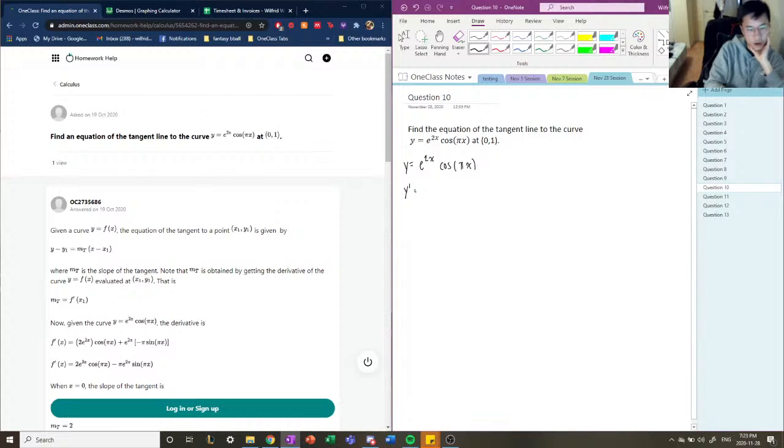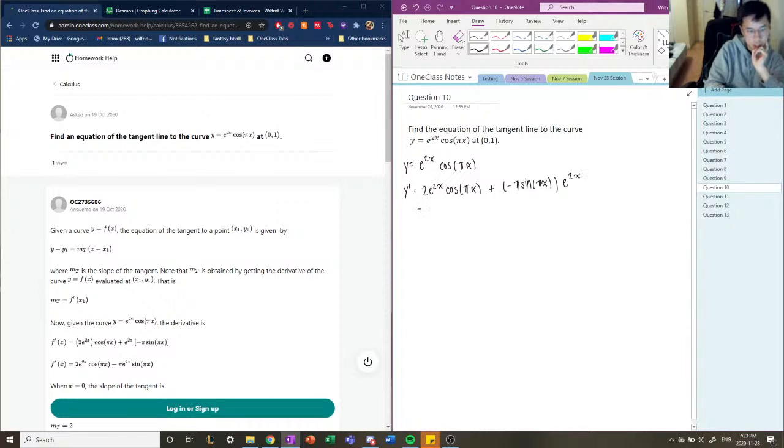So the derivative of e to the power of 2x is just 2 times e to the 2x times cos pi x. And since it's a product rule, we'll have to derive this and leave this one alone. So the derivative of cos pi x is a chain rule, so it's going to be negative pi sine pi x, all right, times e to the 2x.